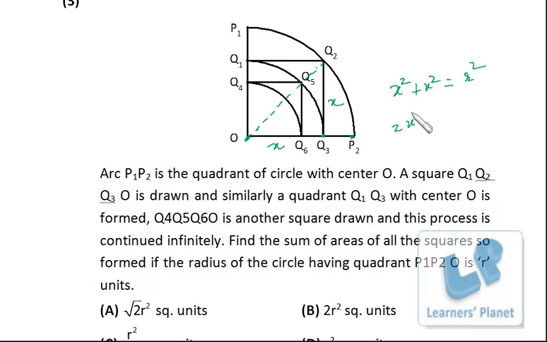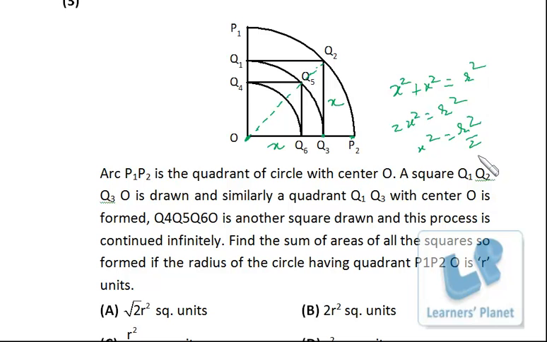So 2x square is equal to r square, that means x square is equal to r square by 2. That means the area of this square is r square by 2, right? Now generally when the figures are inscribed one inside the other, the area of the next square will be half of this and so on. I can prove it before you, but generally it happens, so you be careful.